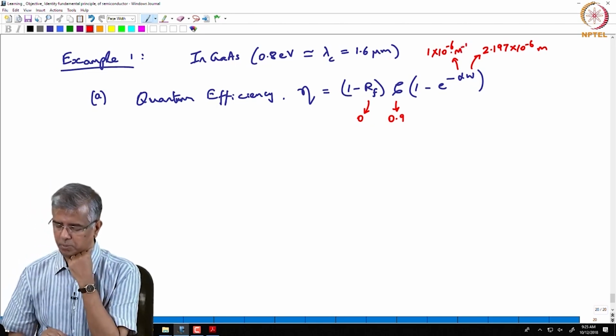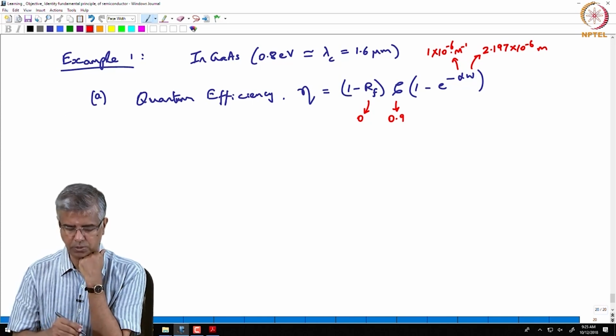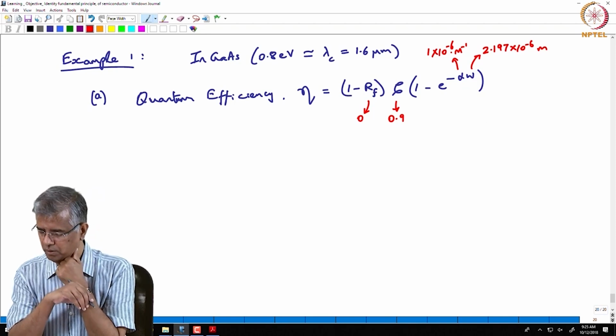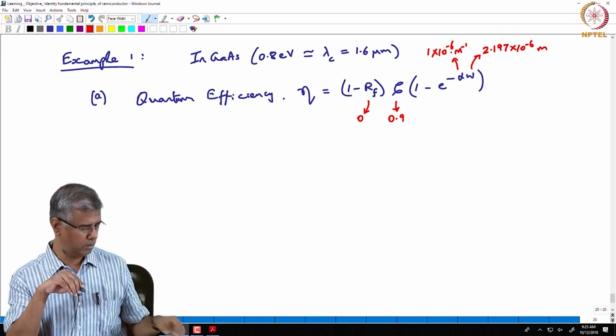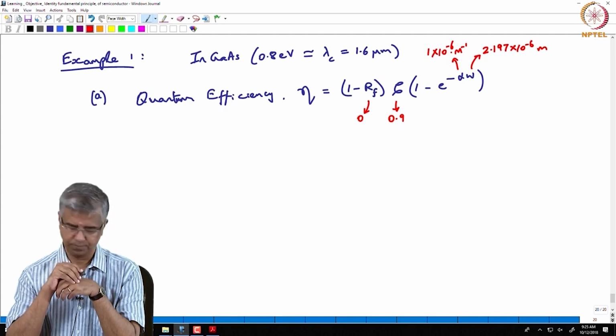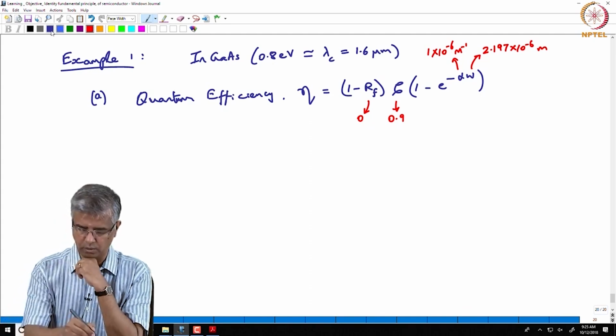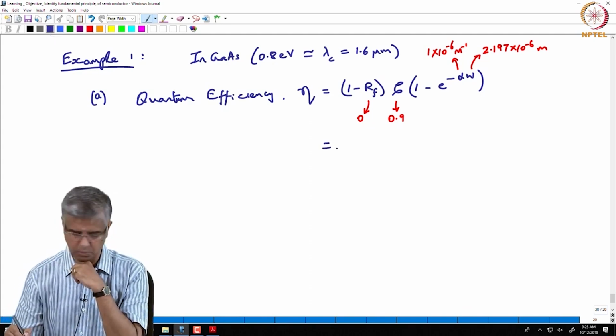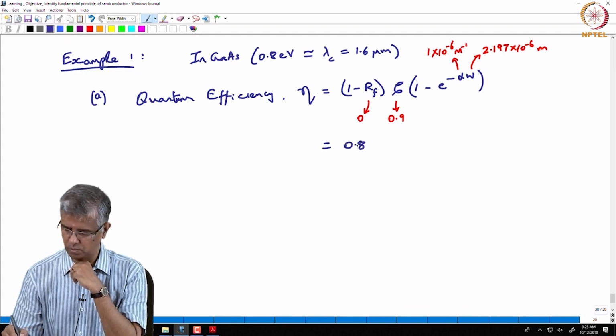Right. So, it is just a direct substitution once you recognize this. So, e power minus 2.17 multiplied by 0.9, if you do the math, it will come out to be about 0.8.